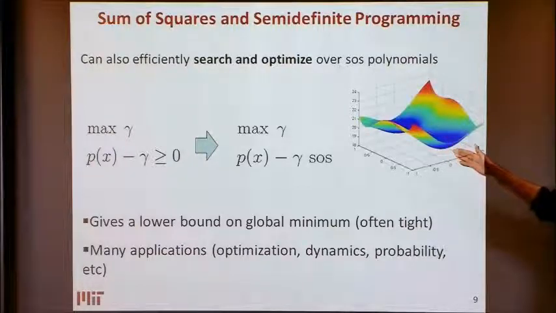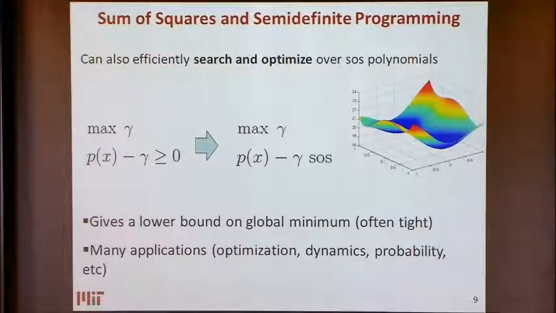I can just maximize gamma subject to those equations. So this is, again, really important: just in the same way that we deal with a single polynomial P, I can just deal with affine families. I can think about, I have an affine subspace of polynomials. I'm trying to find one in that family, which is a sum of squares.